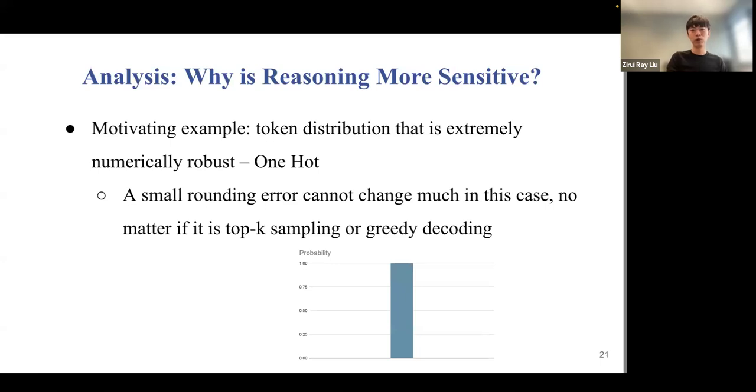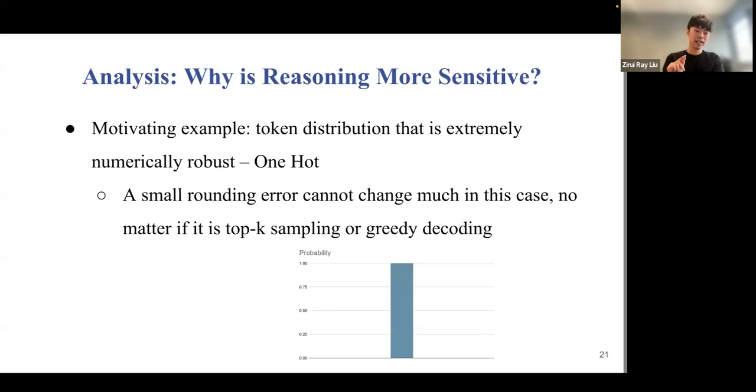And reason two, I think, is more fundamental, because the token distribution is different. One motivating example: imagine in what case the model is very robust to numerical error. I think the answer is if your distribution is similar to one-hot. You assign 100% probability to one single token, and all other tokens have zero probability.